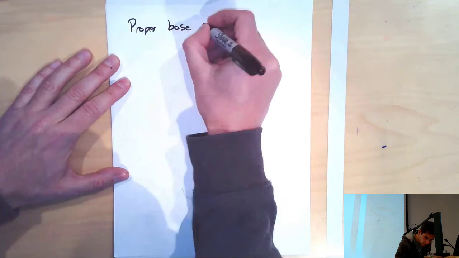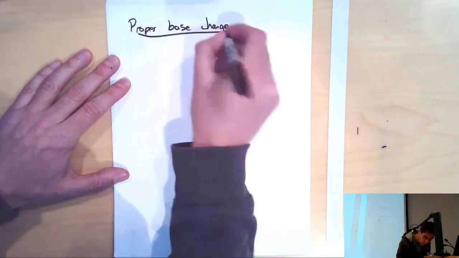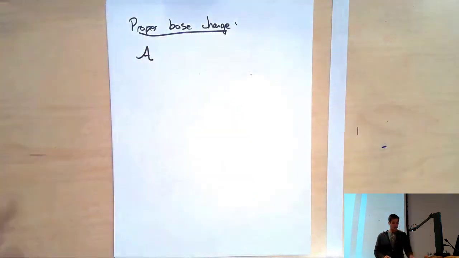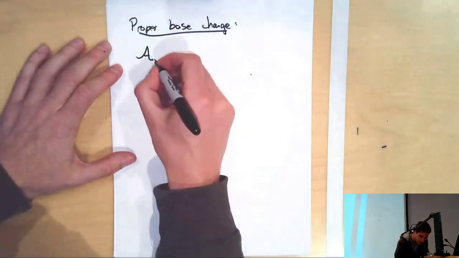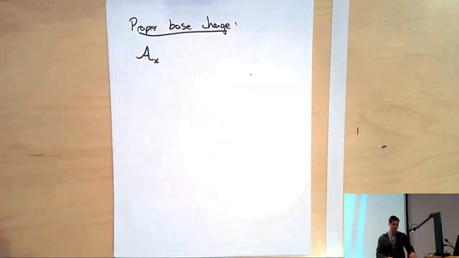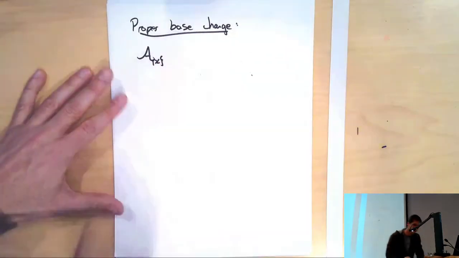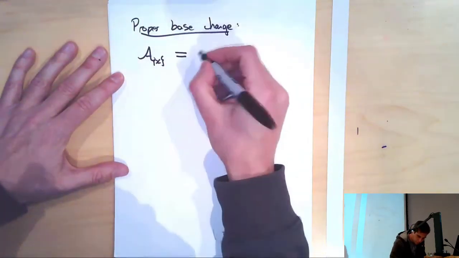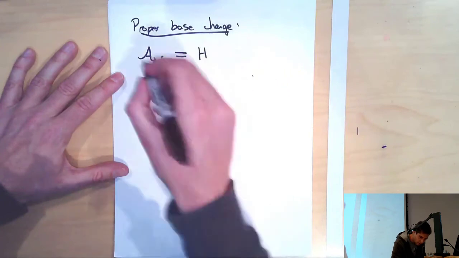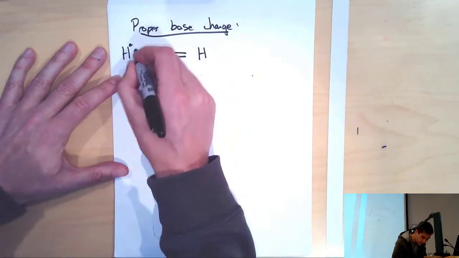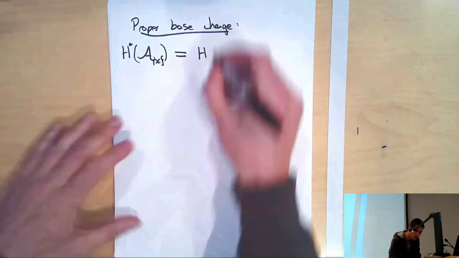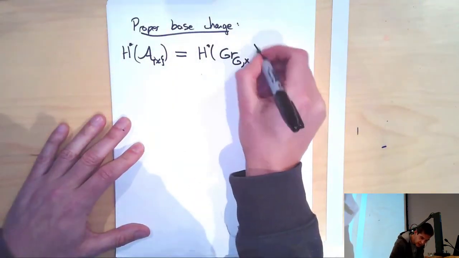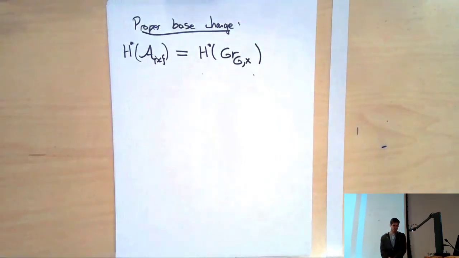So proper base change tells you that if you're interested in understanding the fiber, the stalk of this sheaf A at some point of the Ran space, let's say corresponding to a single point of my curve, what I'm going to see is, it's a chain complex, so maybe I should say the cohomologies of this stalk will look like the cohomologies of this affine Grassmannian Gr G x.